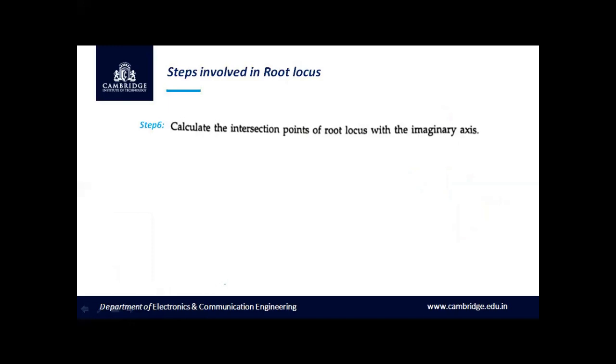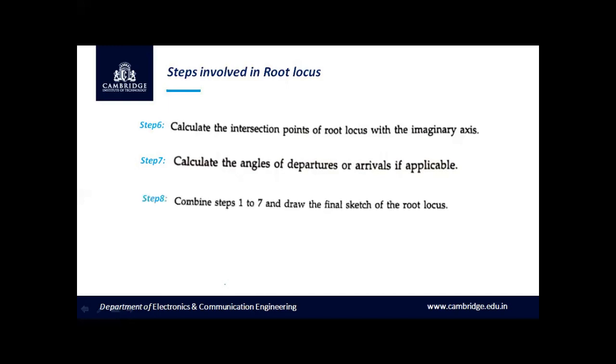Moving on to step number 7, calculate the angle of departure or angle of arrival if applicable. This is related to the last rule which we discussed right now, which is related to a complex conjugate pole or a zero. Step number 8, we have to combine all the steps from 1 to 7 and plot the final sketch of the root locus.